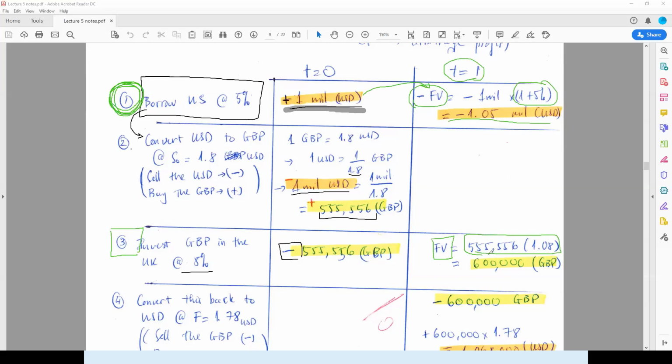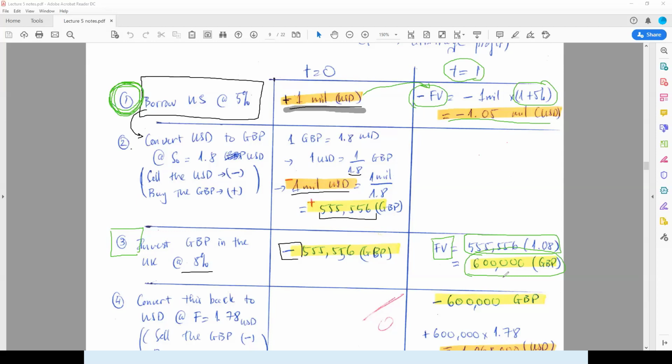So if I invested 555,000 pounds at the start, and if the interest rate is about 8%, I would expect to get back this much, right? So 555,000 times 1.08, and that would be 600,000 pounds, okay?